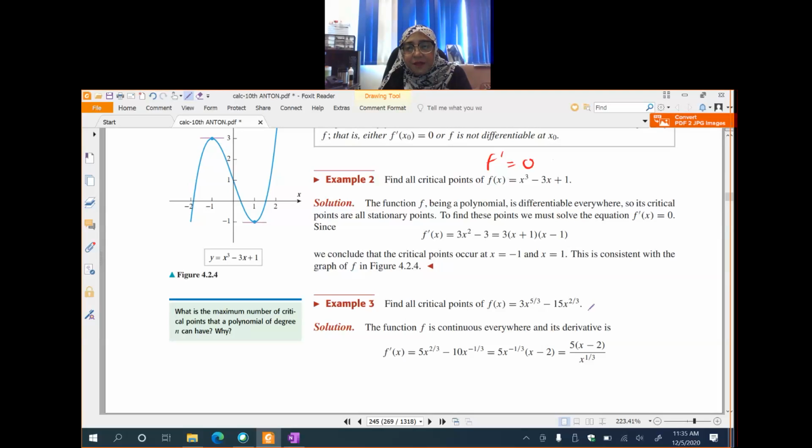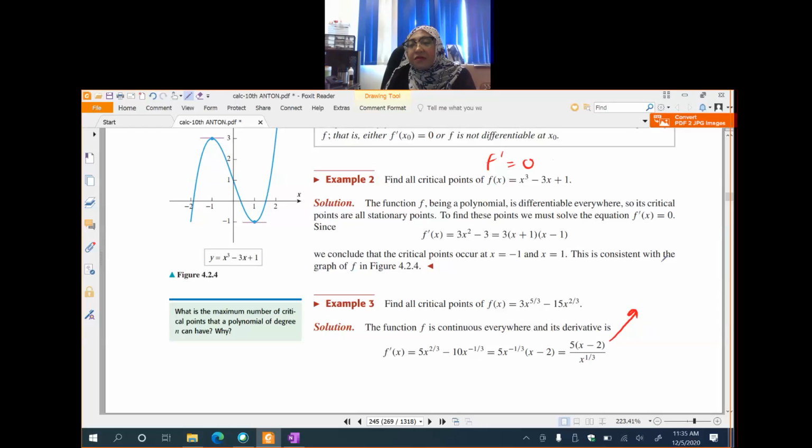If you differentiate this function f, you will get 5x minus 2 divided by x to the power of 1 over 3. So there are 2 points that you have to consider here.